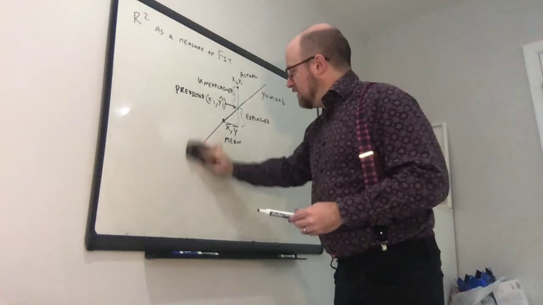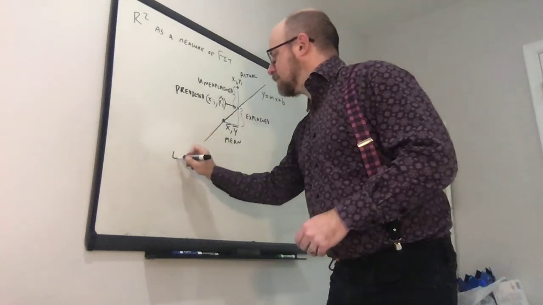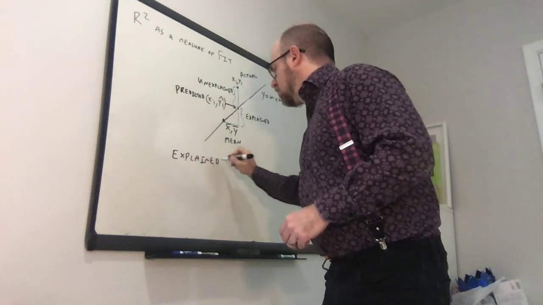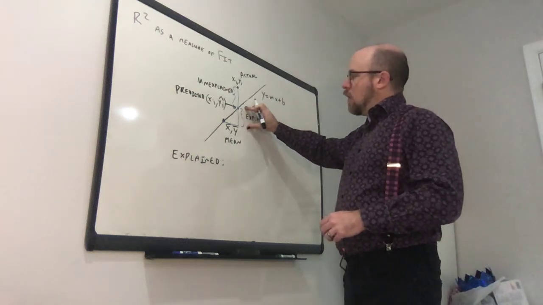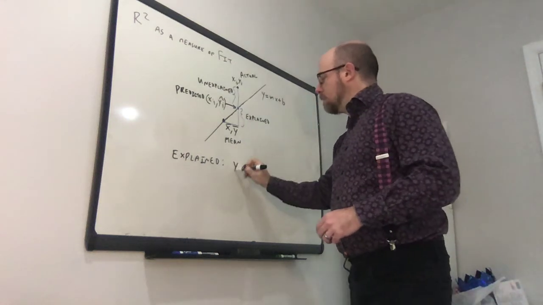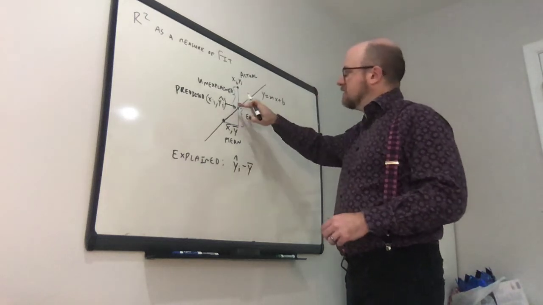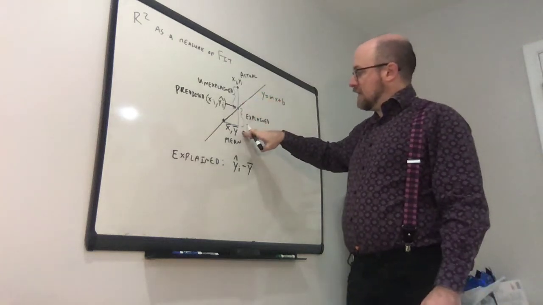So if you think about these errors, this explained piece, that error is yi hat minus y bar, right? That's the distance from the predicted value to the mean.